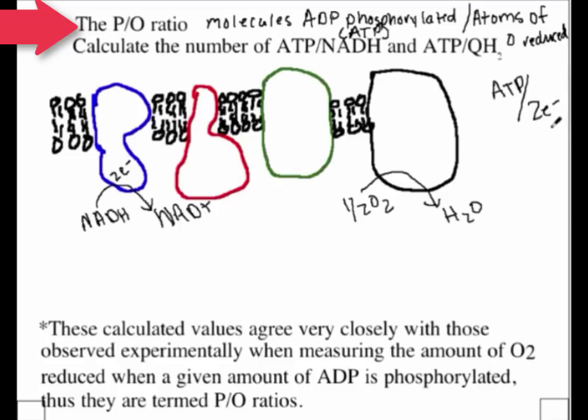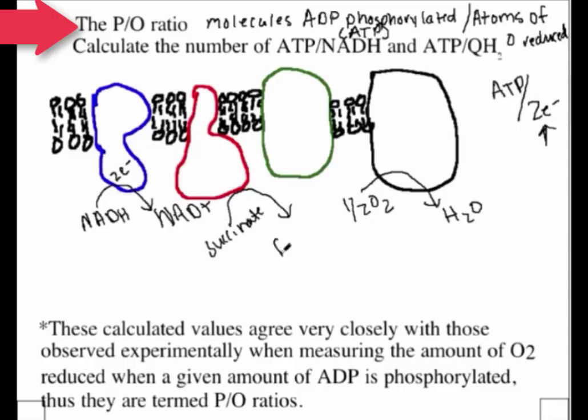Now, hang on though. You're telling me, Rachel, hello, those 2 electrons aren't always worth the same thing. 2 electrons from NADH are worth the pumping of 10 protons in complexes 1, 3, and 4. But what if those 2 electrons instead come from the oxidation of succinate?